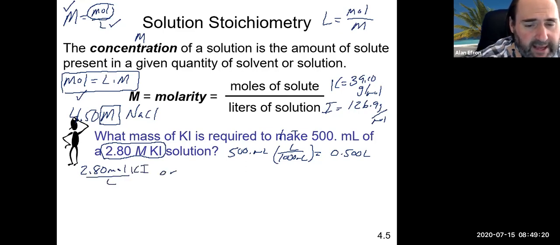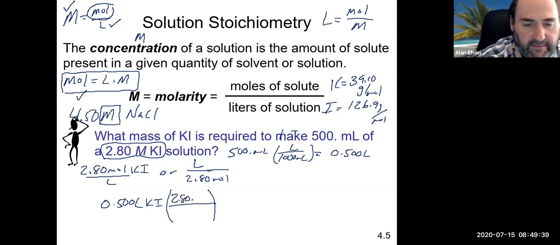Or you can use it in the opposite direction if you want to use it as a conversion factor and do dimensional analysis. So we'll do it that way. We'll start with our 0.5 liters of KI. Using our conversion factor on the left there, that's going to give us 2.8 moles per liter of KI.